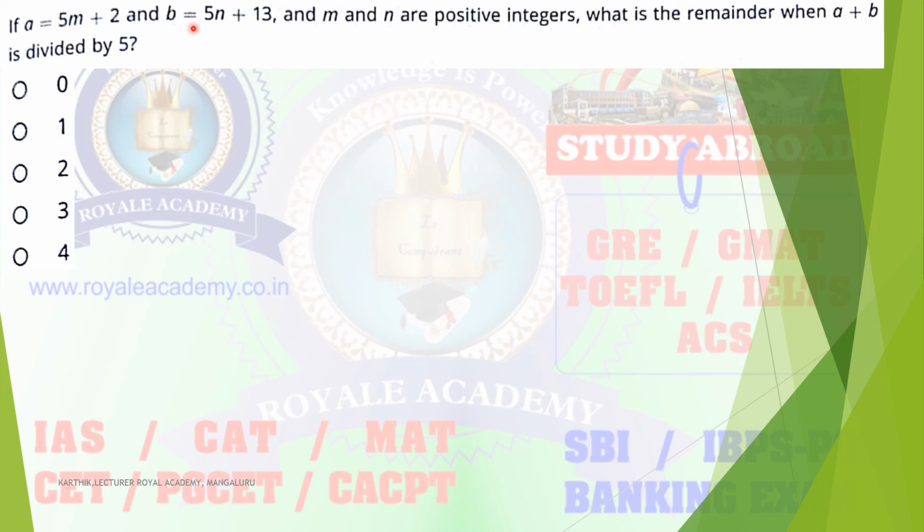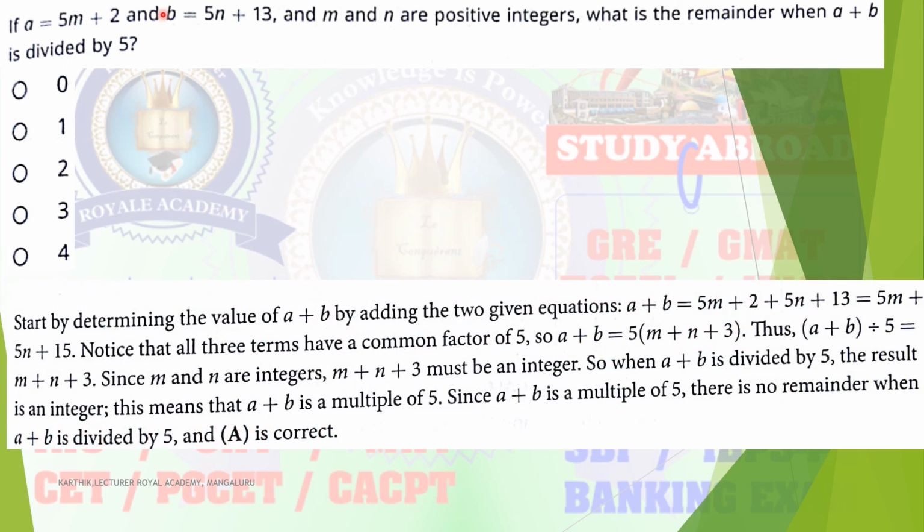So just solve. Write like this, a plus b, then you will get one common term. Starts with a plus b. A is 5m plus 2, b is 5n plus 13.